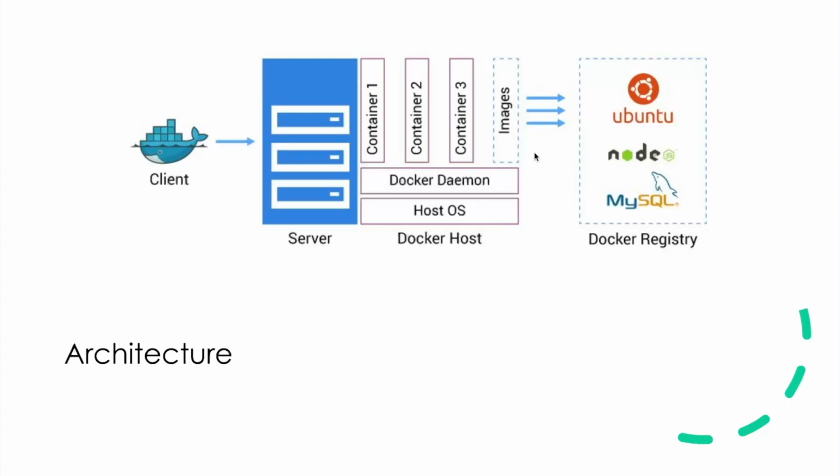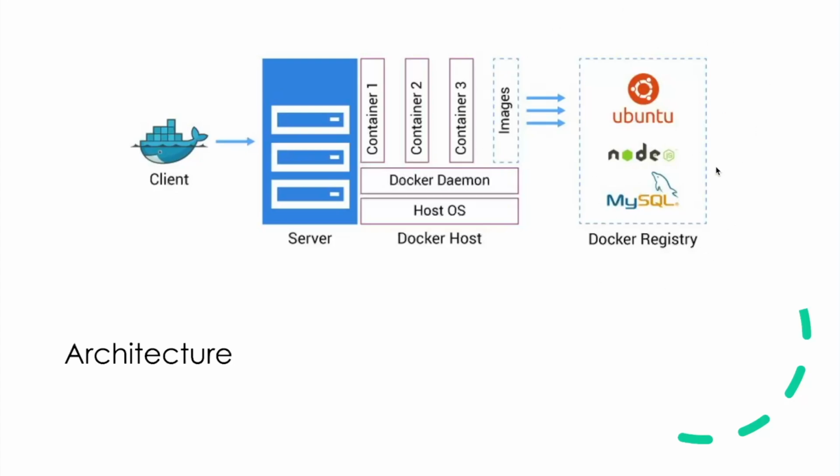These images are lightweight, standalone, and contain everything an application needs to run: the code, the runtime, the libraries, and all the dependencies that the containers need to run. For instance, if you want to run a Python app, you will use a Python image as a base. Whenever you run a container, Docker creates it from its image. So this is what the image is.